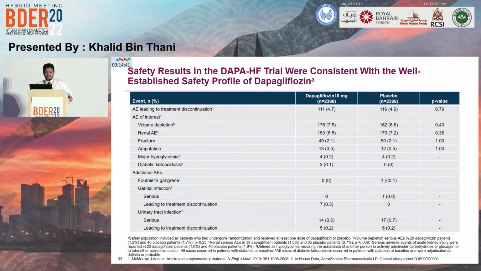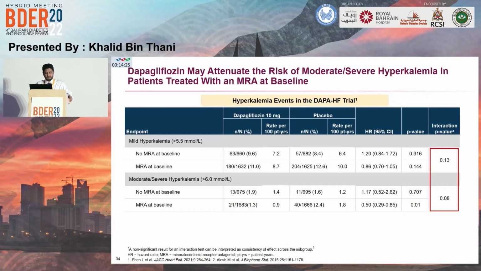What about the safety results from the DAPA heart failure trial in terms of adverse events? I would say it clearly established the safety profile to be used for patients.